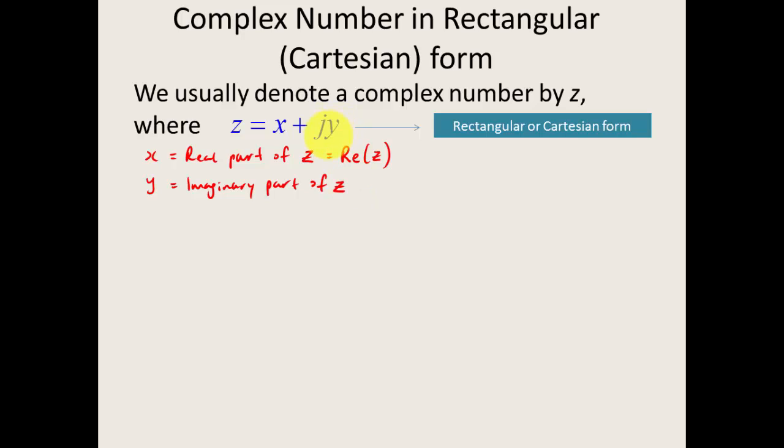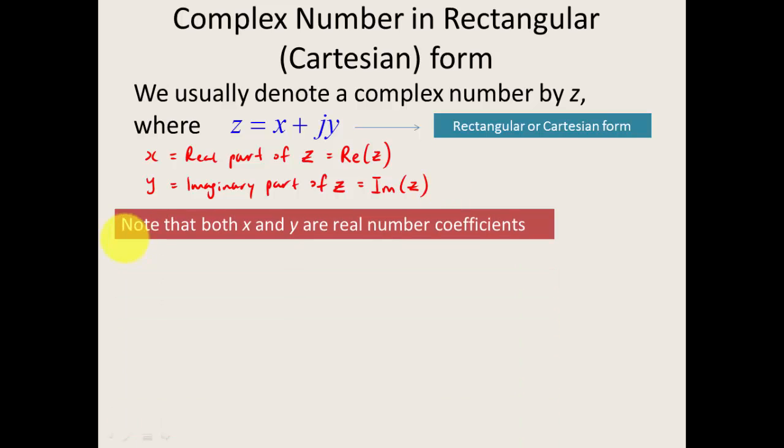It's because y is attached to a j. And in a shorter form, I can write it as Im(z). So this also means imaginary part of z. Take note that both x and y are actually real number coefficients, such as 5, 2, -3.